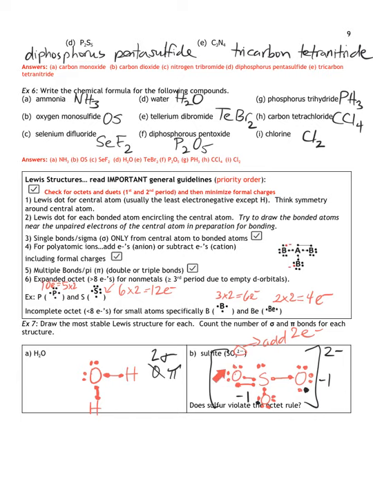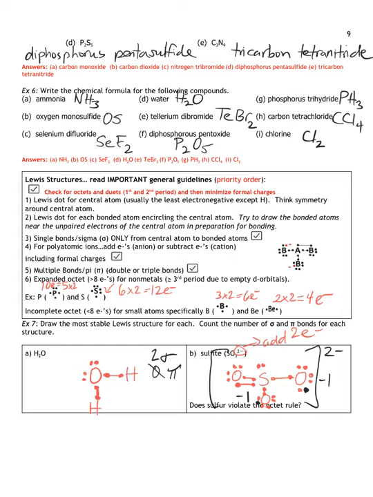So there's an octet there. Sulfur now has 2, 4, 6, 8, 10. So sulfur actually can have a maximum of 12 electrons. So 10 is quite alright for this substance. So this is the best Lewis structure that I can represent for the sulfate ion.